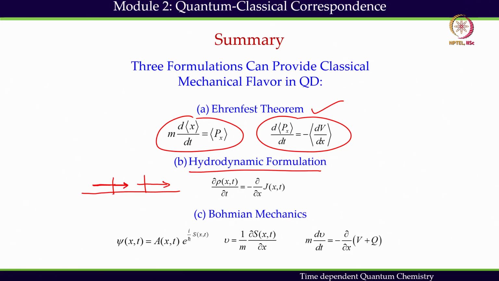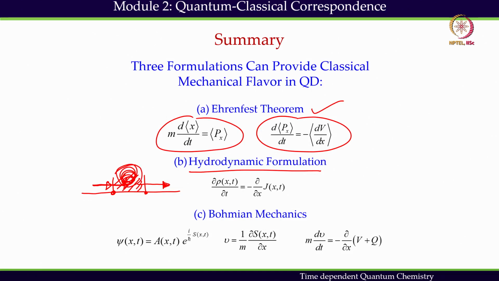So, if we consider these two points and this space, and if the inner current and outer current are different, then there will be an accumulation or decay of the probability in this region. So, this is called hydrodynamic formulation with the help of probability current.